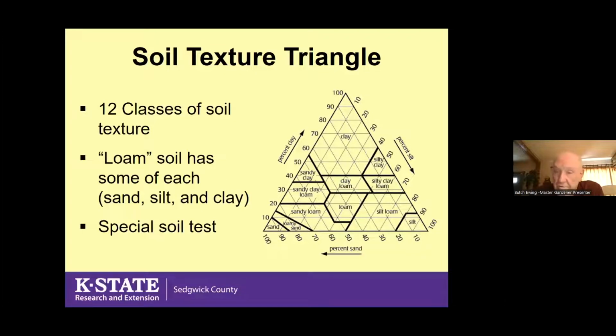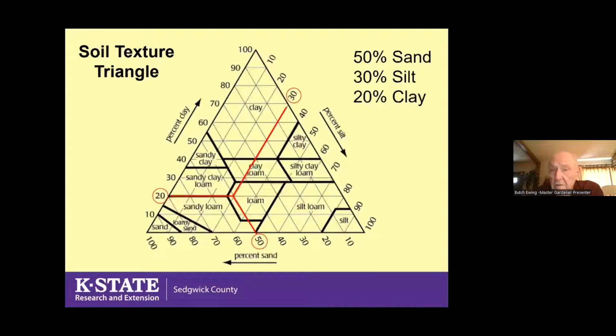That's the best combination you could possibly have in your soil, a relatively close percentage of each of the 3 soil particle types. And it takes a special soil test to determine what your soil texture is.